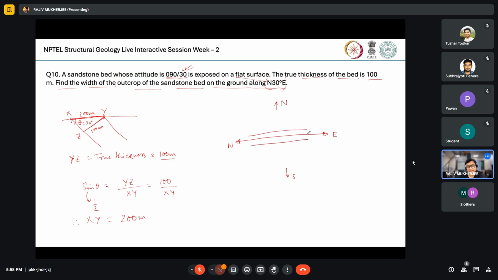That means the bed is dipping towards south. So this direction is basically south. The bed is dipping towards south.